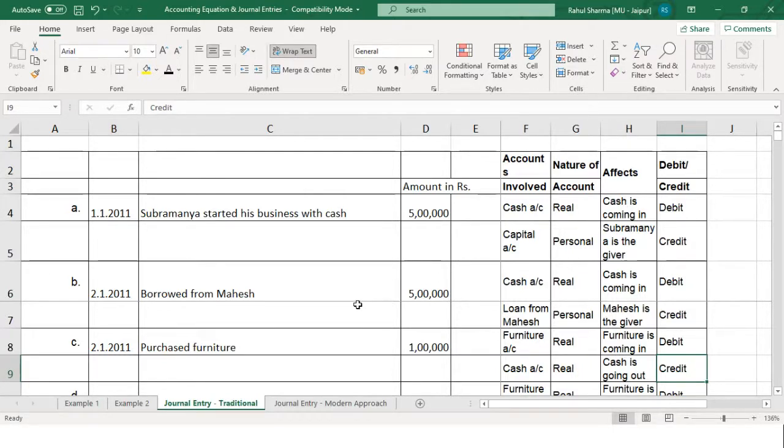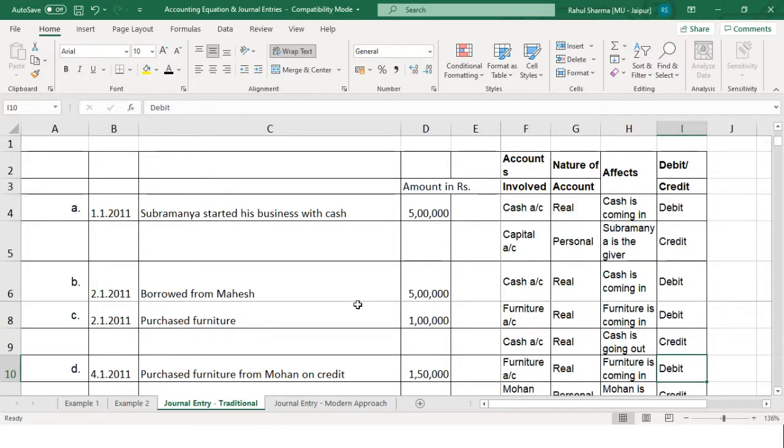The rule says debit what comes in, credit what goes out, so I'll credit the cash. So the transaction would be: furniture account debited, cash account credited.